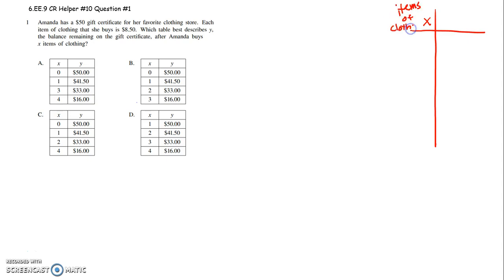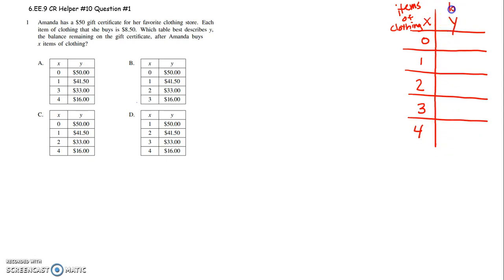Maybe she's going to buy 0 items of clothing and we want to know the balance. Maybe then she'll buy 1 item. What's the balance? After she buys 2 items, what's the balance? After she buys 3 items? After 4 items? And so on. So this Y represents the balance on the gift card.